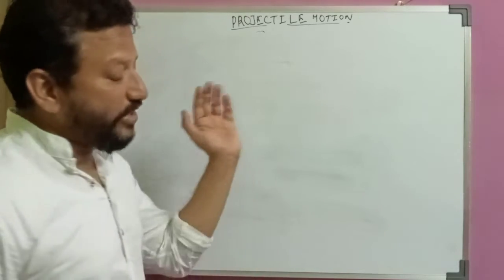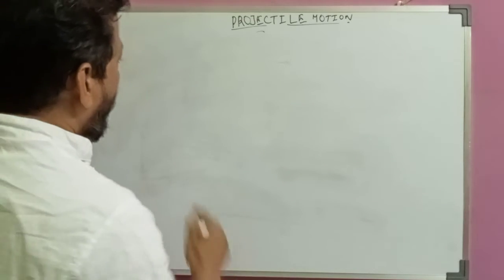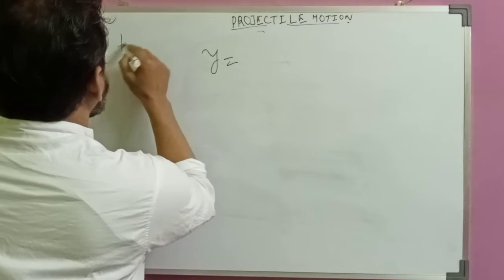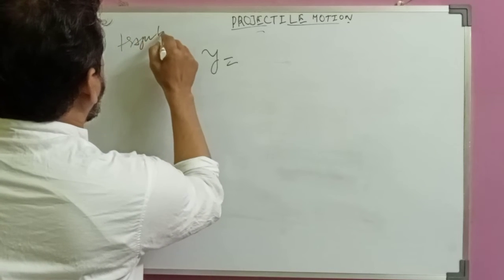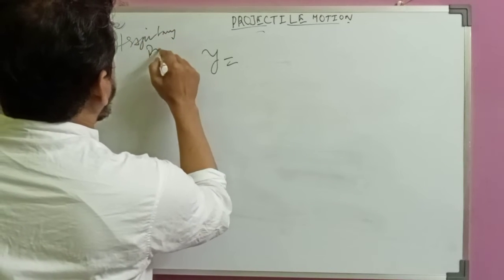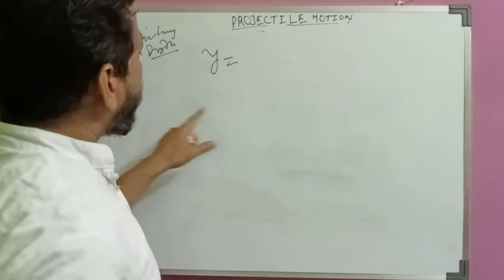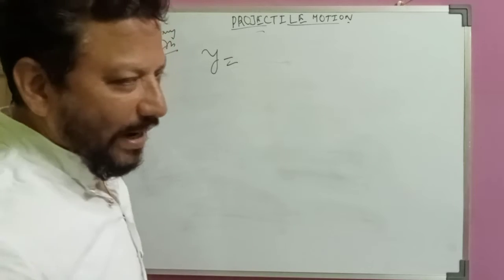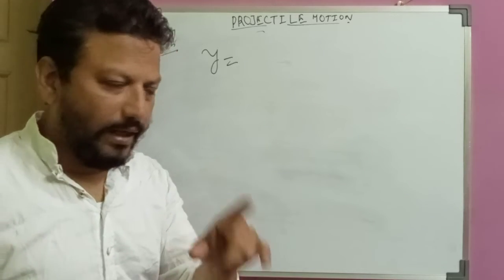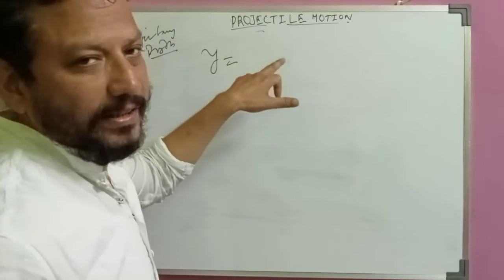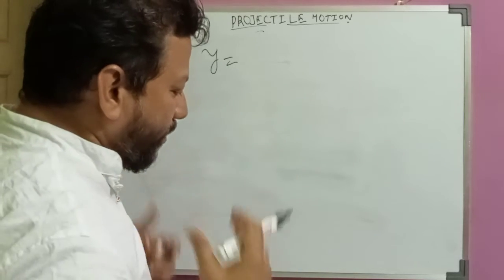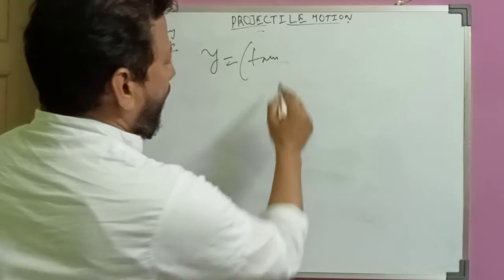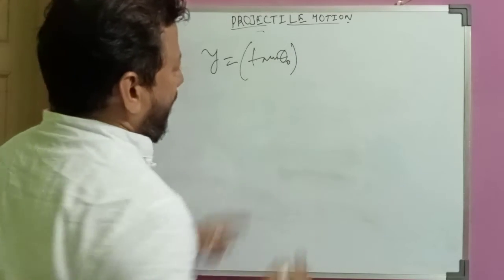So in the case of the trajectory path, from sine theta by cos theta we have learned tan theta, so we will use the tan theta formulation.